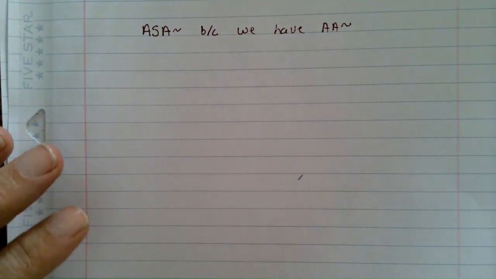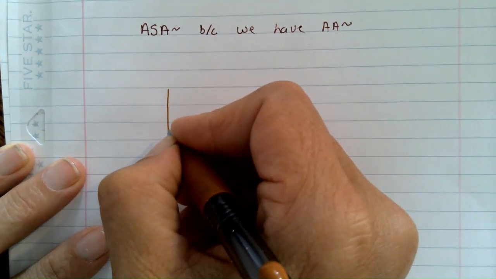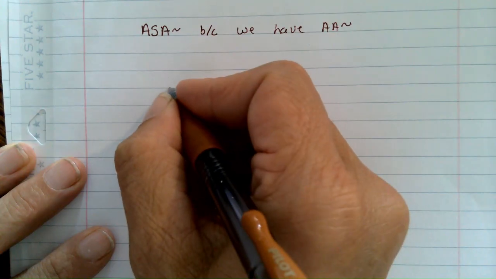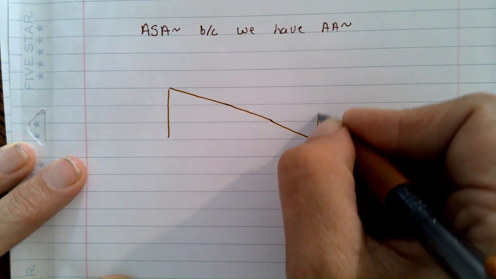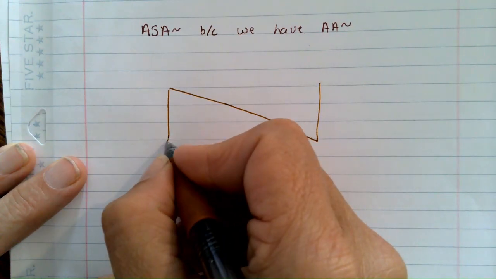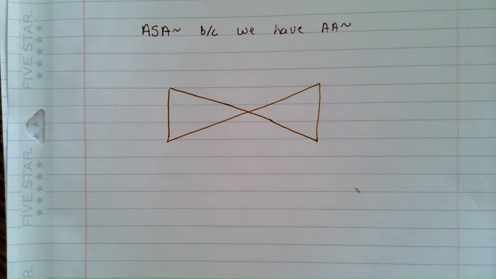All right. So I'm going to give us an image here. It is not drawn to scale. Please keep that in mind. I know it looks like a perfect little bow tie. It is not.